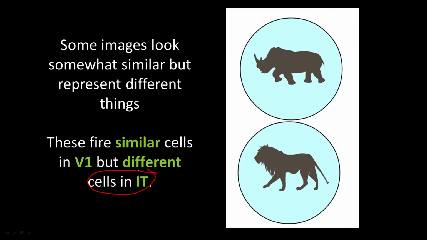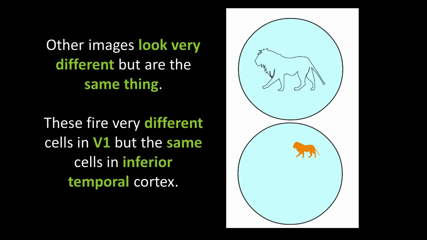IT is inferotemporal cortex. The idea is that maybe in the cortex is a cell that understands something about rhinoceros, so it won't respond when it sees a lion. In fact, you can further confirm that by showing it, if you find a cell that sees lions but not rhinoceros, two different pictures: one that's a line drawing of a lion, and the other a much smaller filled-in silhouette of a lion.